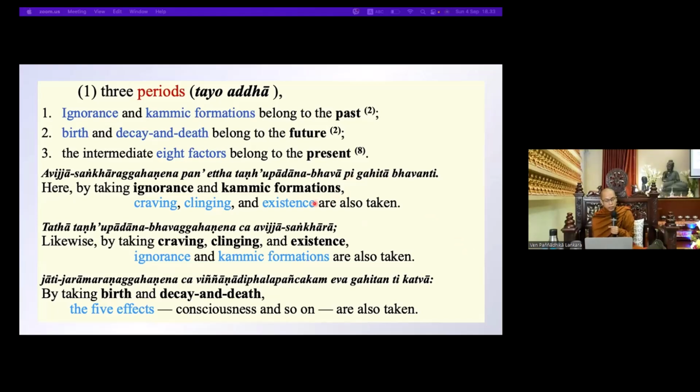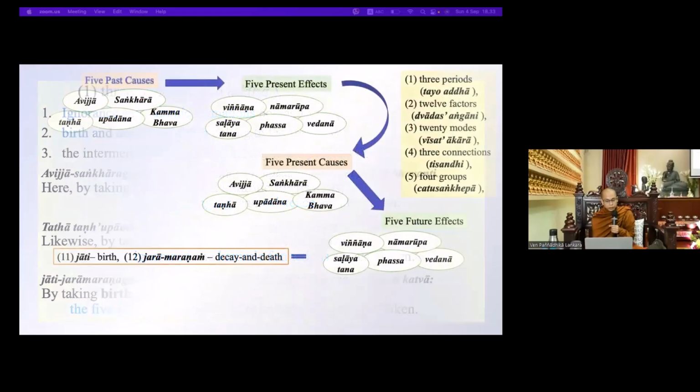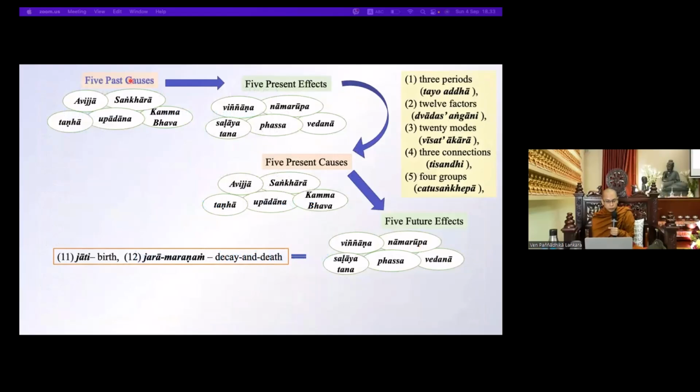When we count the fetters, although they mention them according to the time period in this way, in 3 groups, the counting will come here. So the past causes, the first past cause, avijja and sankhara, as mentioned in the former slide, taking avijja and sankhara, tanha, upadana, and here bhava.